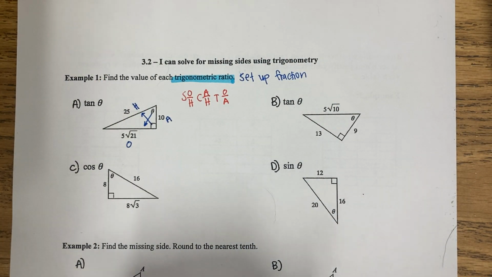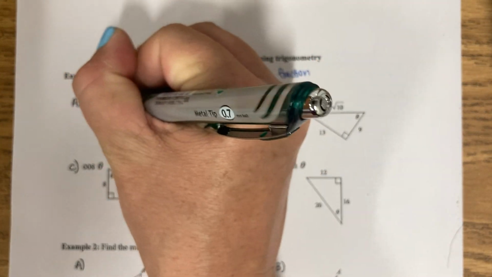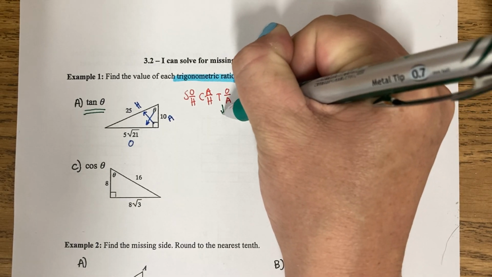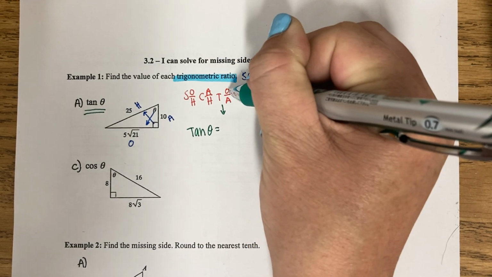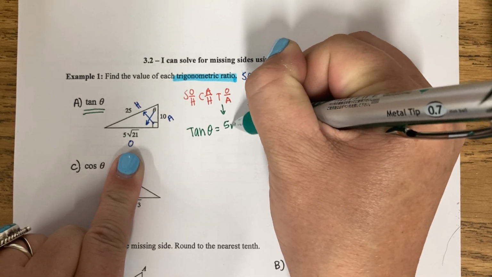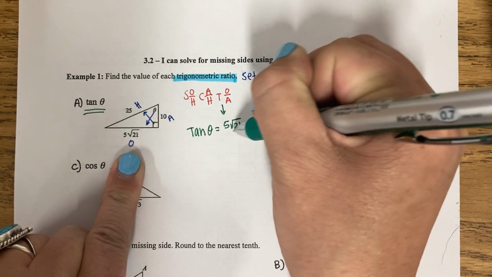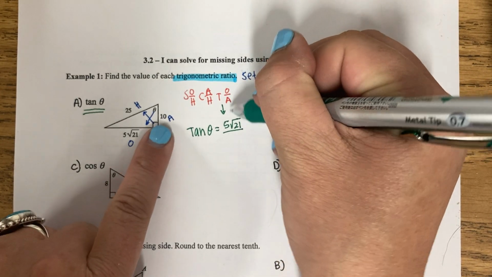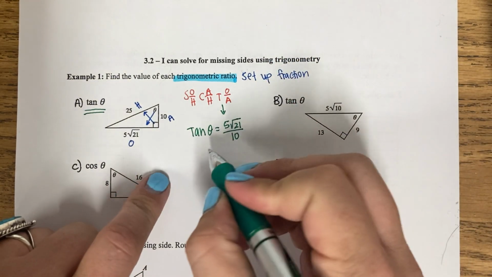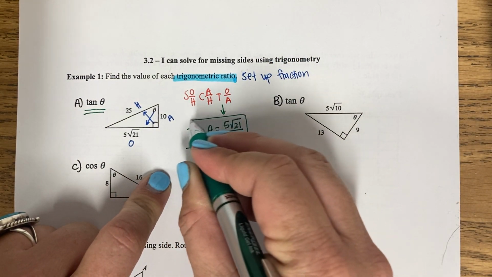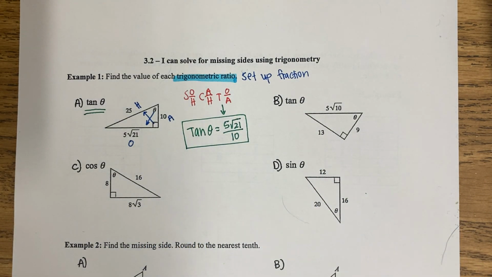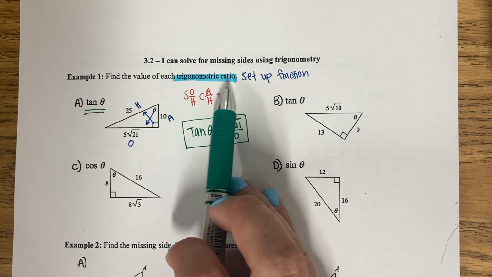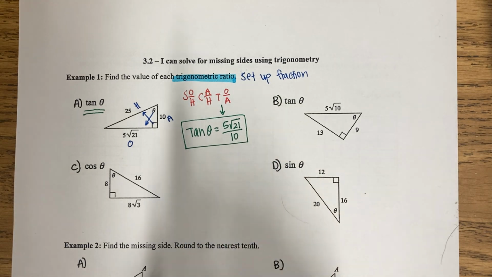We are looking for tangent, so that means tangent of theta will equal the O side over the A side. And we are leaving it as a fraction because it only wants us to set up the ratio, and the ratio is our fraction.